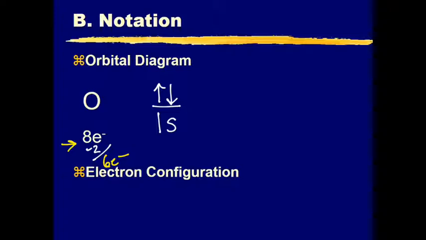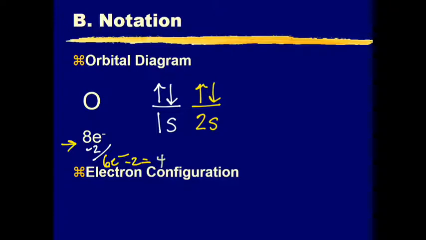Again, find one of those pictures we were looking at for level filling, whichever works best for you. Next is 2s. An S sublevel only has 1 orbital, so there's the one line, but it can hold 2 electrons. Now we've got to find a home for 4 more electrons.